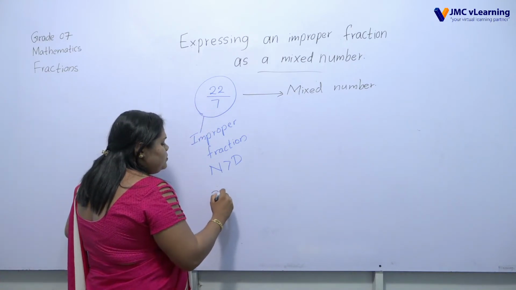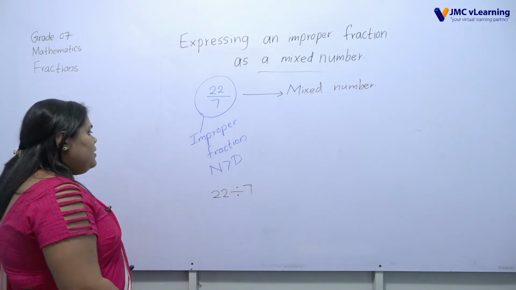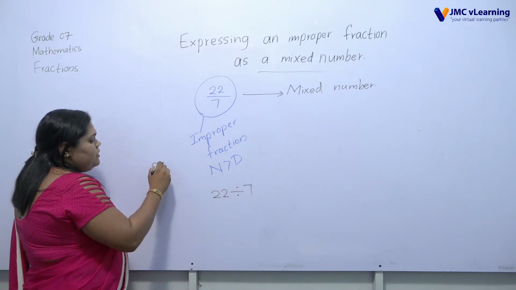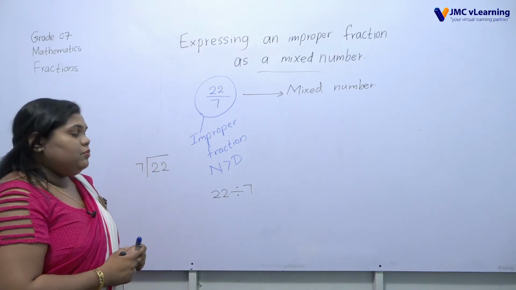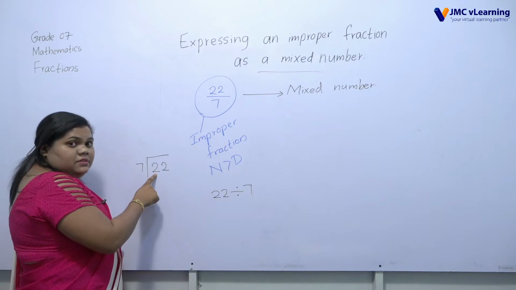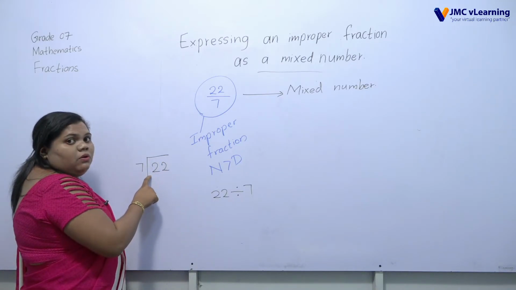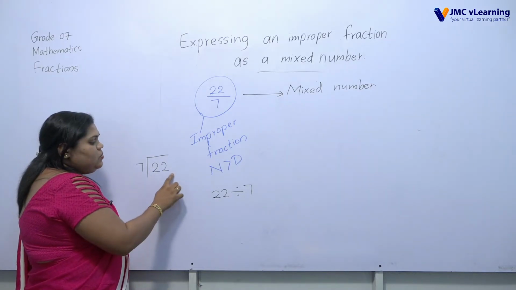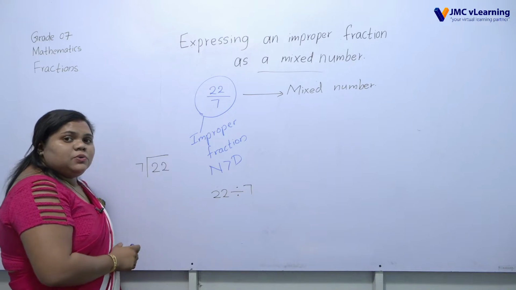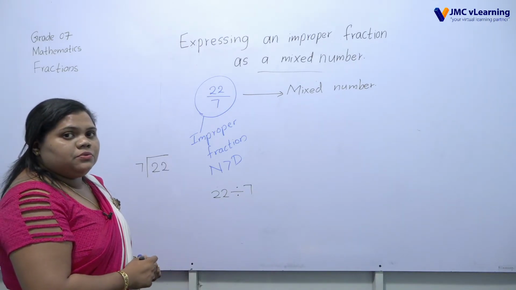Now we can use the long division method for that. 22 divided by 7. Are there any 7s in 2? No. So you can take 22. How many 7s in 22?